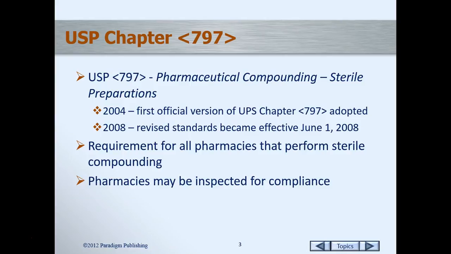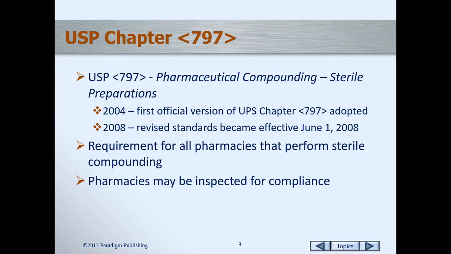So 797 came out, and of course revisions were made. Some of the logistics didn't quite function properly. We had to find out what would really work in the real world. So in 2008, there were revised standards that were released, and that became effective June 1st of 2008.